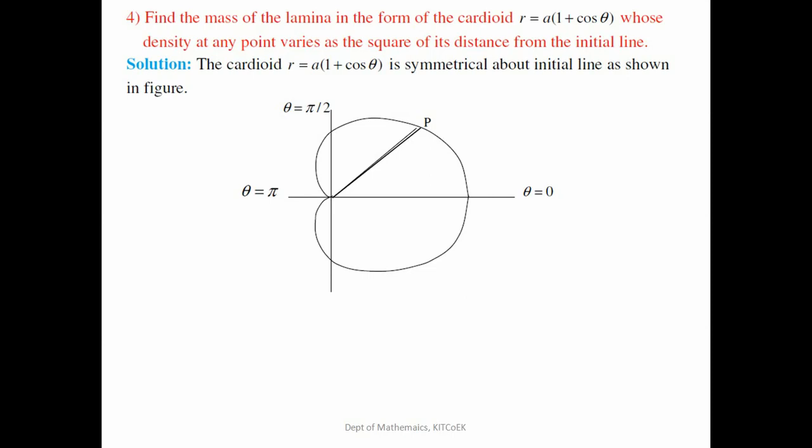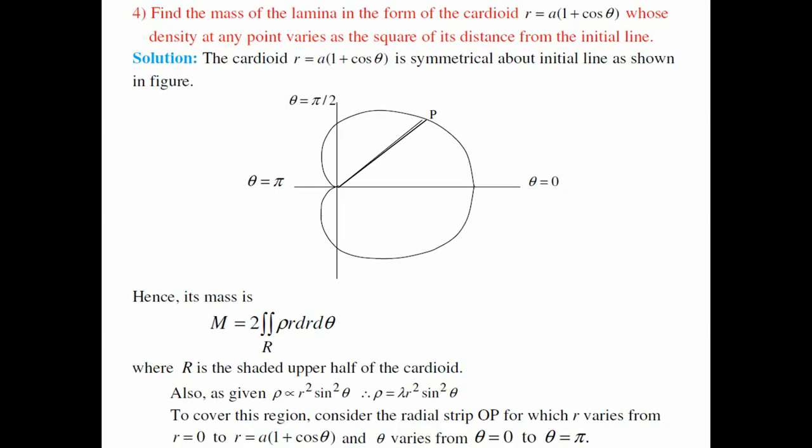So hence the formula for the total mass of this cardioid is m is equal to 2 times double integration over R of rho into r dr d theta, where R is the upper half of this cardioid. To calculate the mass, we will need to substitute the value of rho, and then we have to find the limits which will cover this region R.